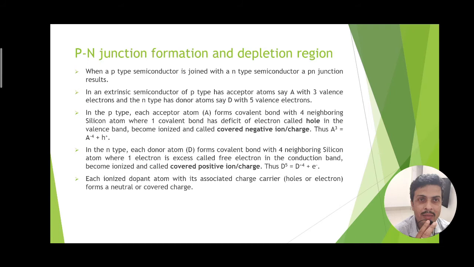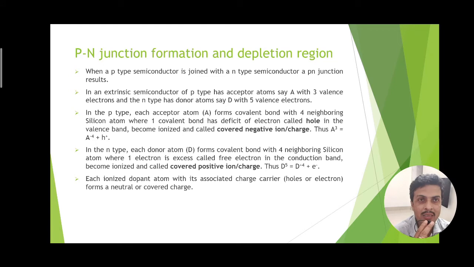When the P-type semiconductor and N-type semiconductor were standalone, at that time the acceptor ions are covered by holes and donor ions are covered by electrons under the thermal equilibrium. So under the PN junction formation, when the electrons are trying to move from N side to P side, they uncover those donor ions and the holes are uncovering acceptor ions, and they are crossing the junction.